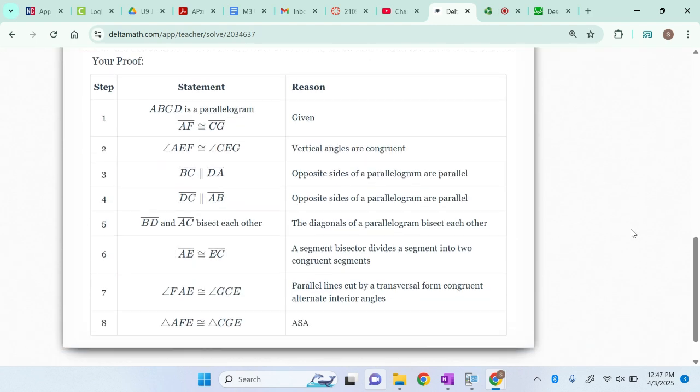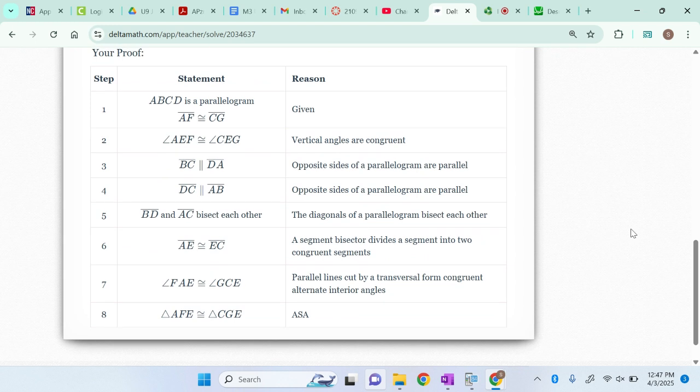Wait, let's go back up, please. What is that fifth one say? The diagonals of a parallelogram bisect each other. Right again. That's not right.